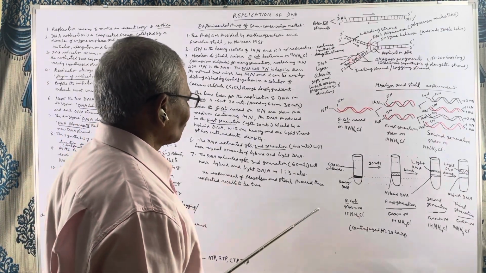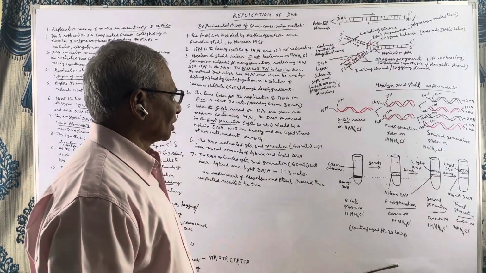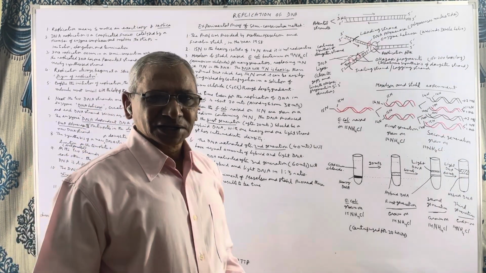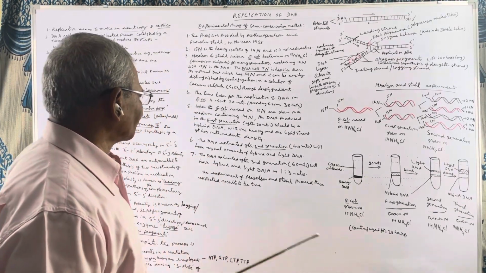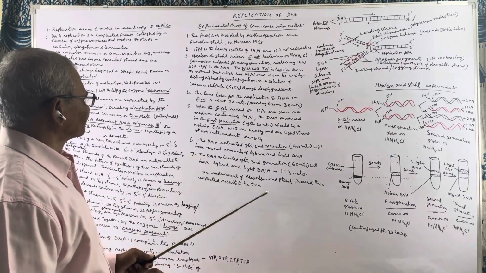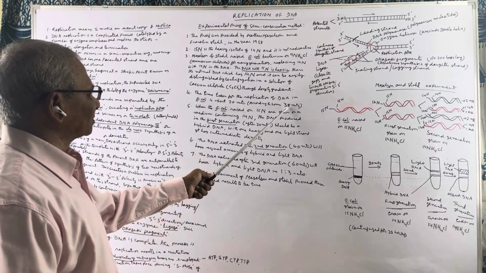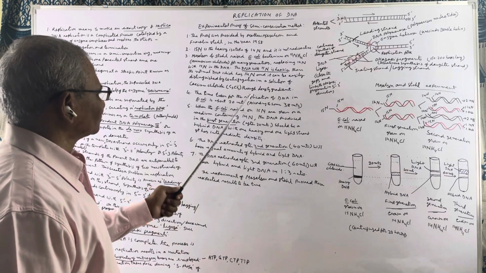Then, the time for replication of DNA in E. coli is about 20 minutes. But according to some people, it is more than 20 minutes, about 38 minutes. But generally, let us take 20 minutes.